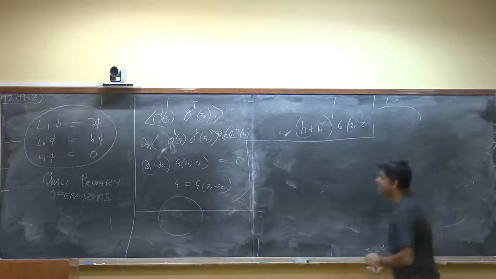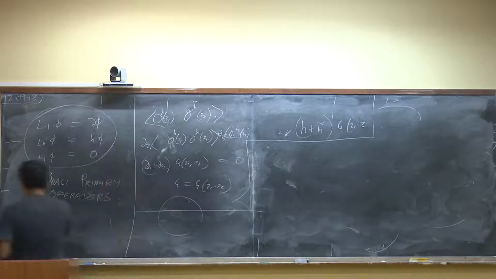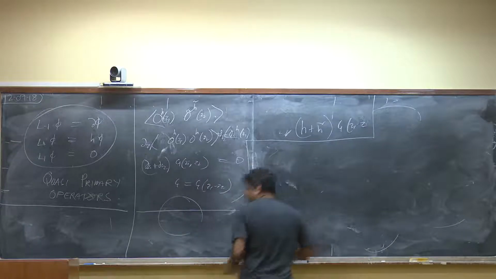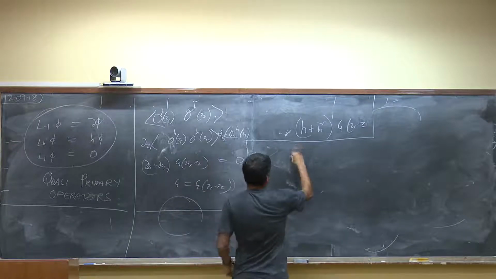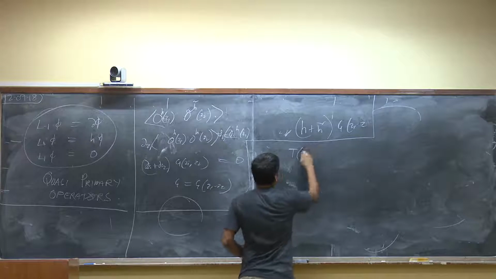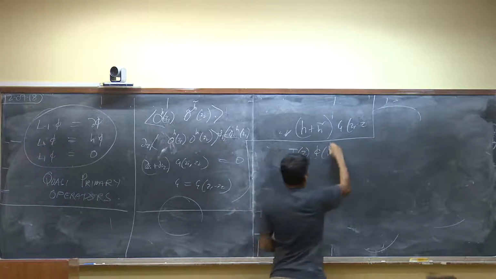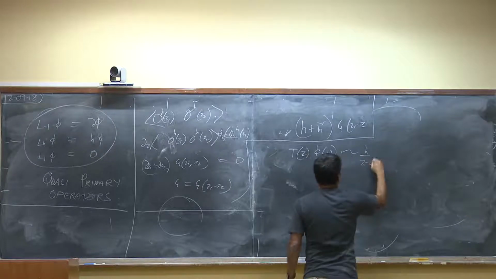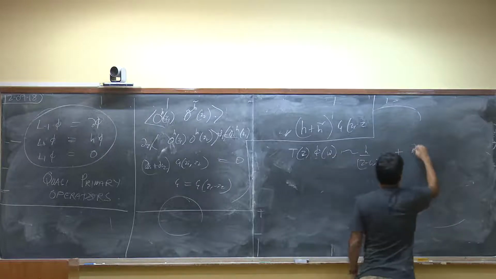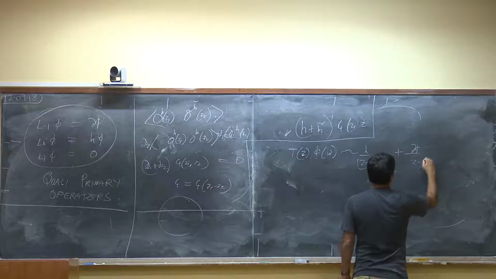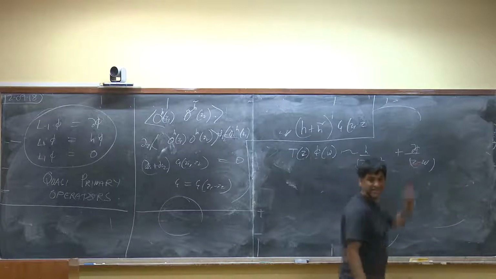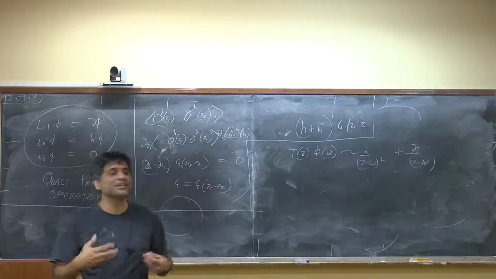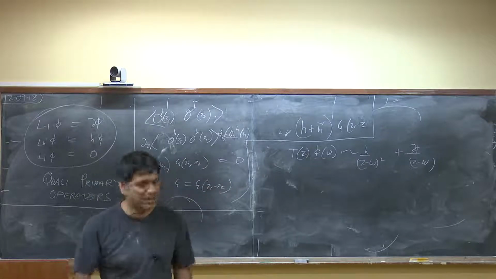Let us now look at these quasi-primary operators. Remember that for a primary operator, T of Z times phi of W goes like H by Z minus W, the whole thing squared, plus del phi by Z minus W, and no other singular terms. For a quasi-primary operator, all we care about is the transformations under L0, L minus 1 and L1.